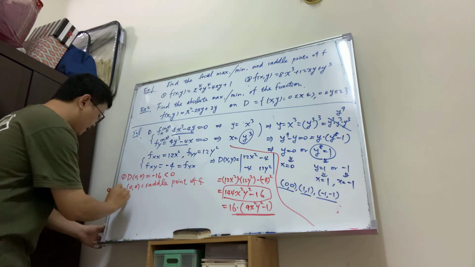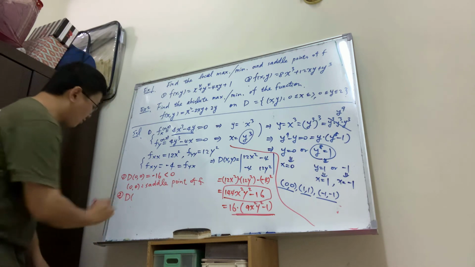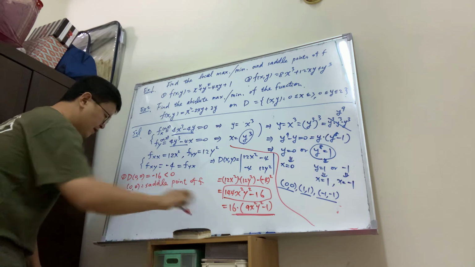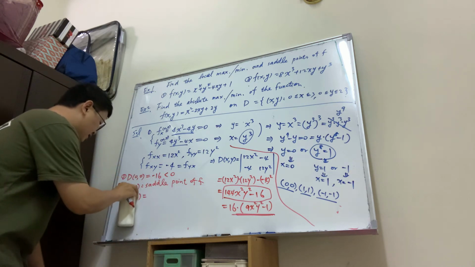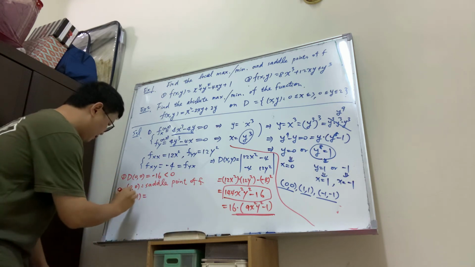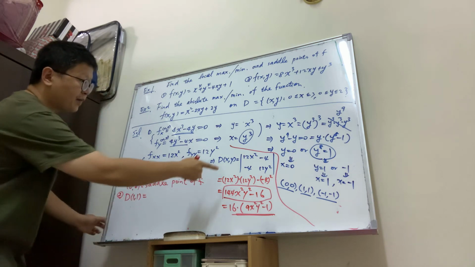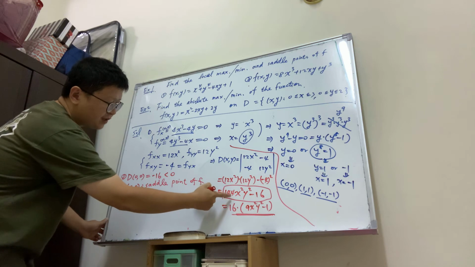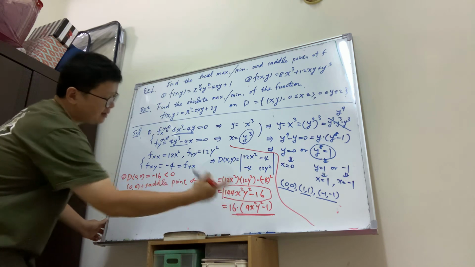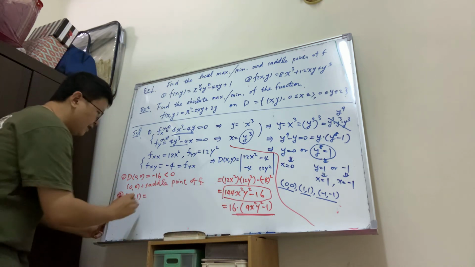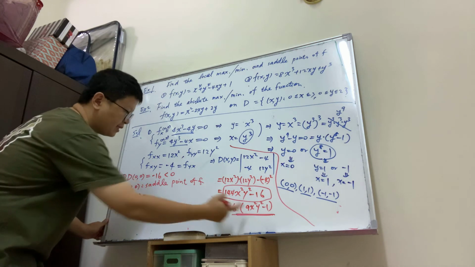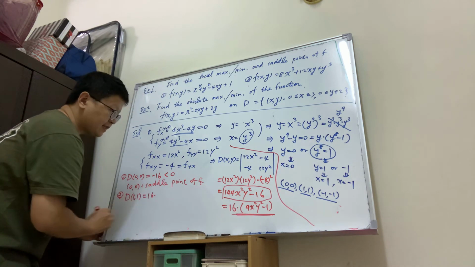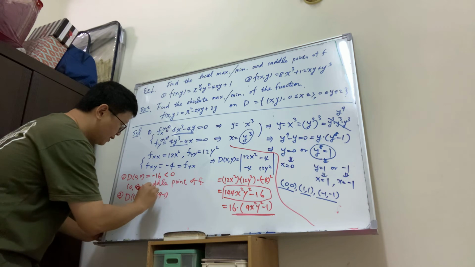Second one, the point (1, 1). If we plug in the point (1, 1), then this part is 144 subtract 16. So it's easy to see it's positive, right? Otherwise, plugging into the other form is also fine: it's 16 times (9 subtract 1), which is 128.